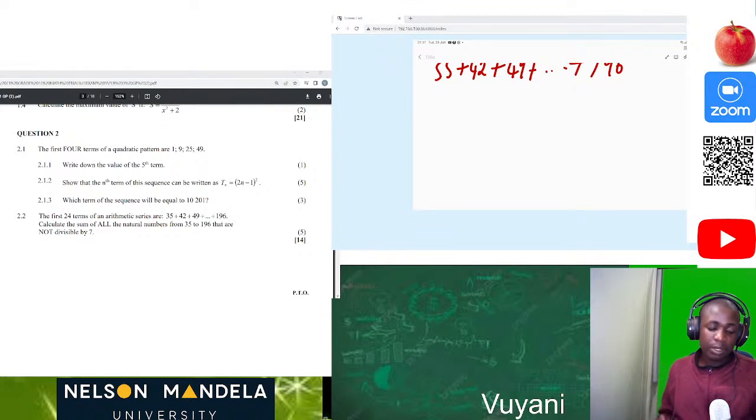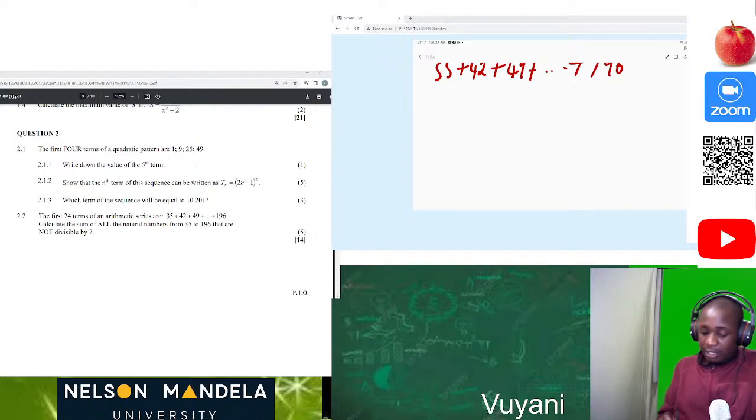This can be quite great because we just know that we use the formula Sn is equal to n over 2 times (a plus the last term). What is the number of terms? There will be 24. So S24 is equal to 24 over 2 times (a plus l). Our a is 35 and our last term is 196.